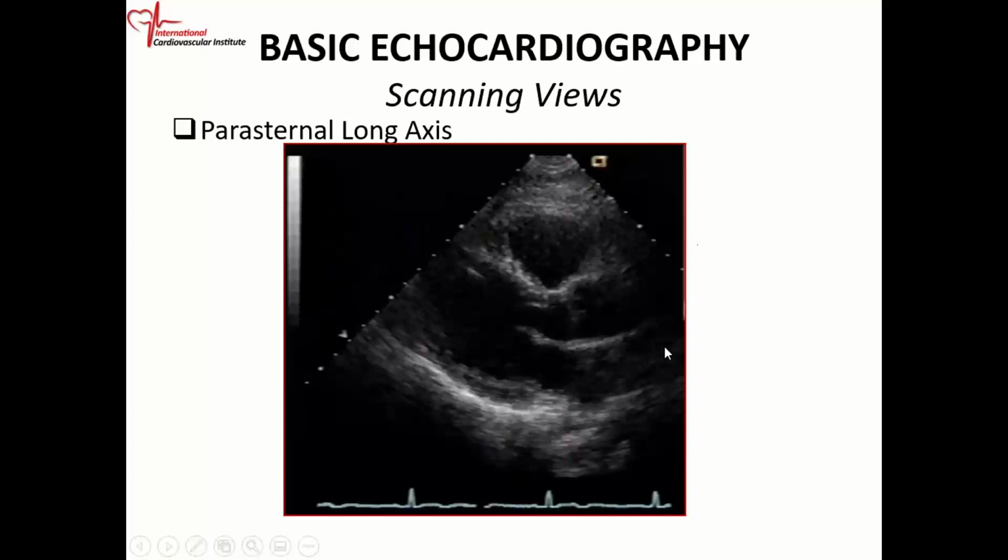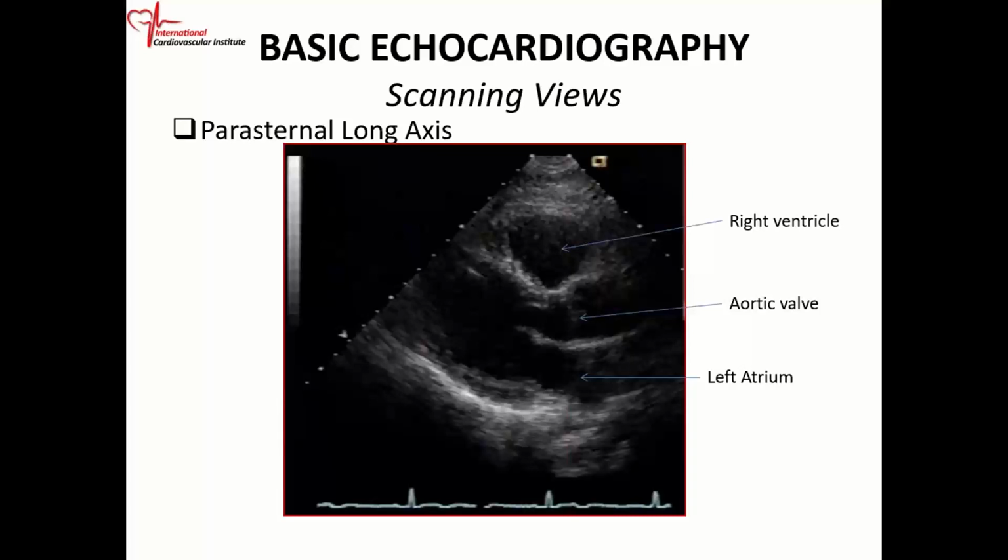Okay, so this is our 2-dimensional image, or you can call it the B mode, brightness mode. And what are the structures that we're going to see in this view? So the right ventricle is right there. Your aortic valve is right there.